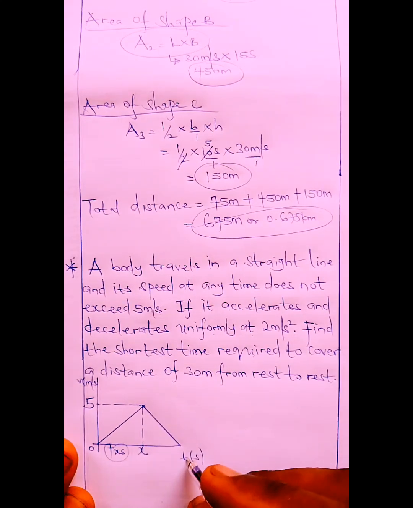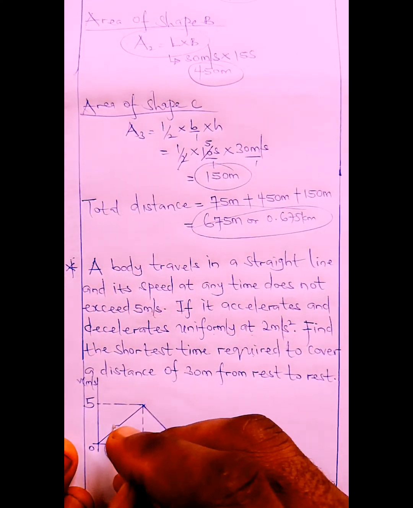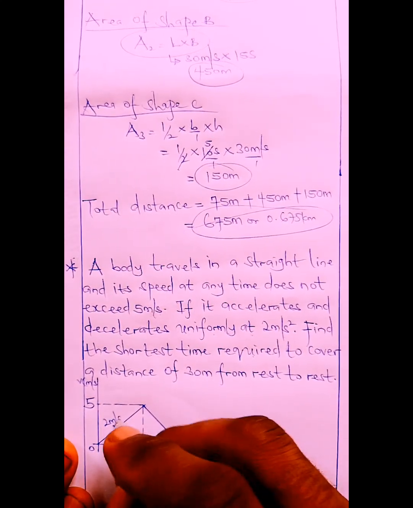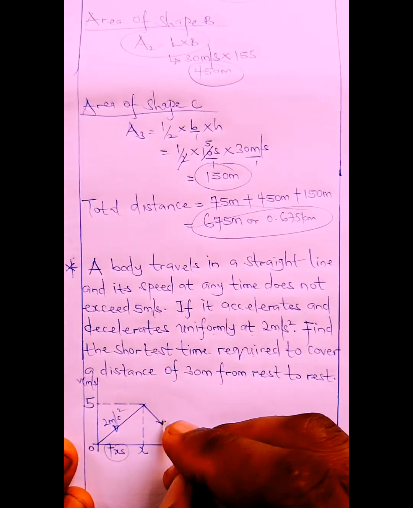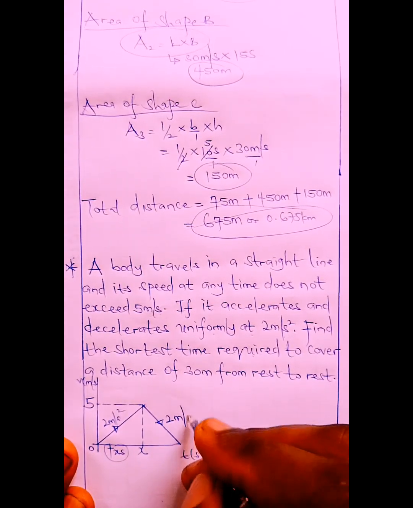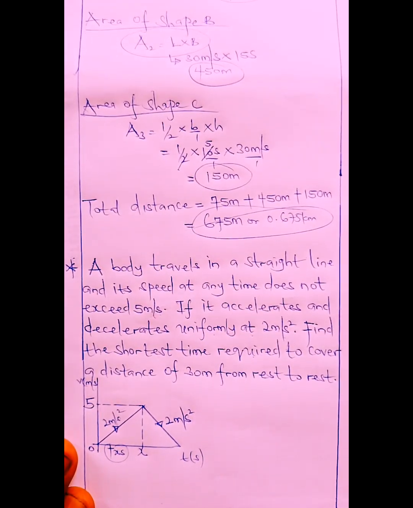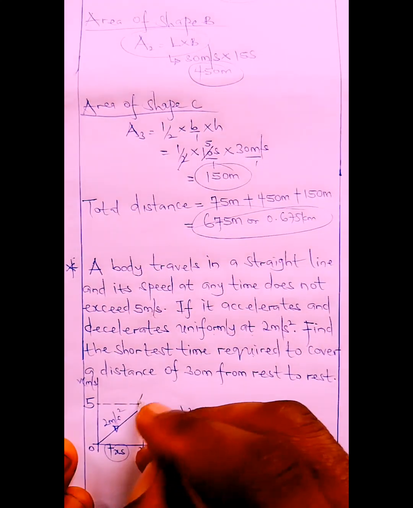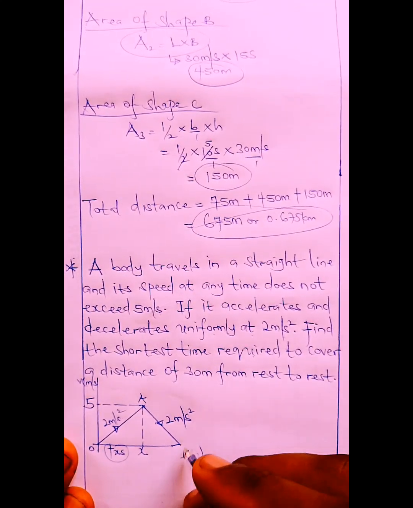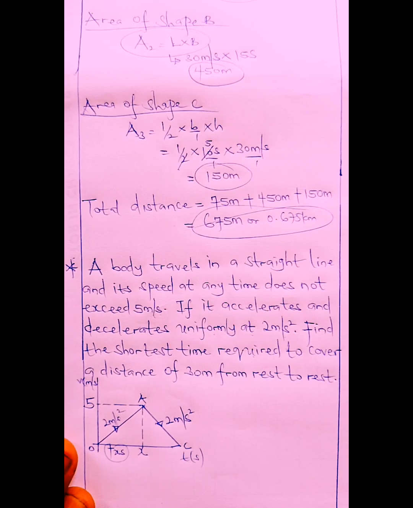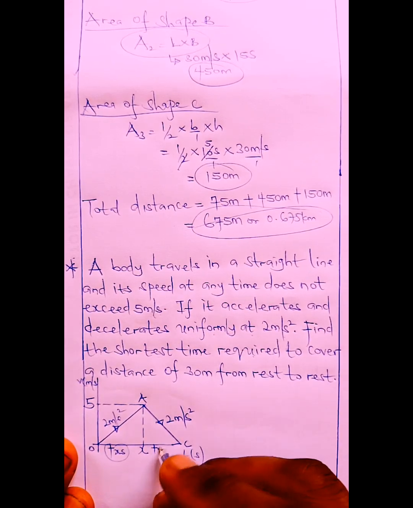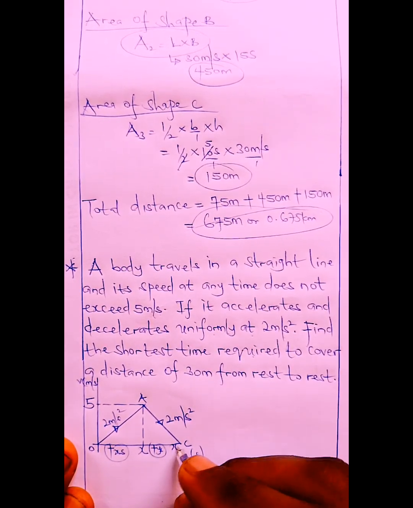Then it decelerates at 2 meters per second squared. The first, acceleration, is 2 meters per second squared. The second, deceleration, which is negative acceleration, is also 2 meters per second squared. From point 0 to point A, and from point A to point C, let's say it takes another y seconds. We are not told. So we have x plus y right here.